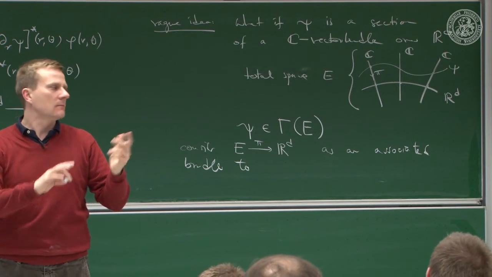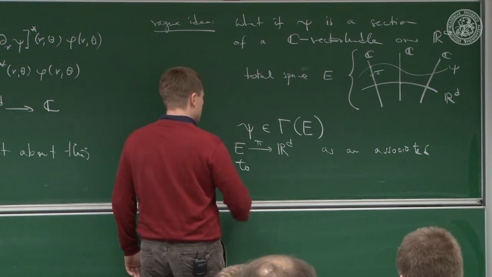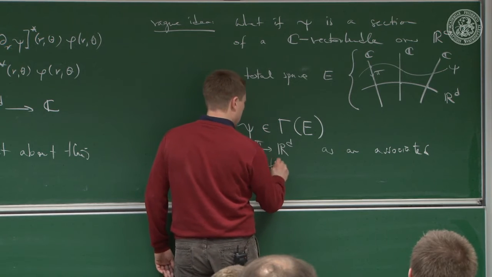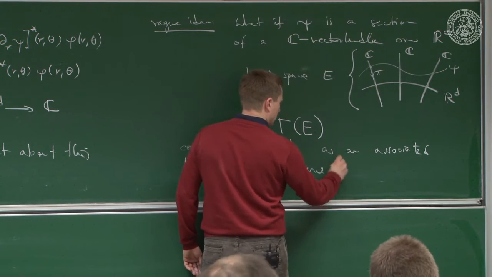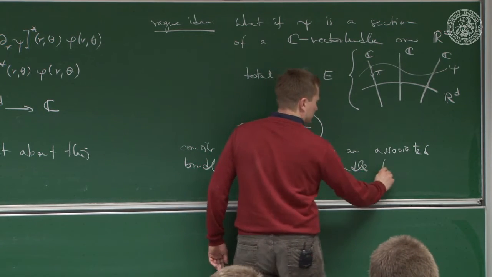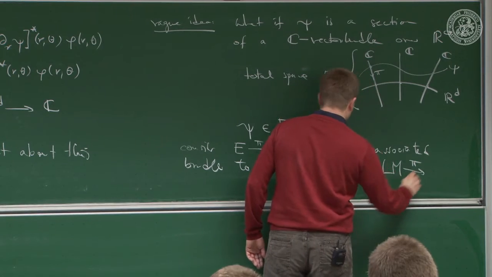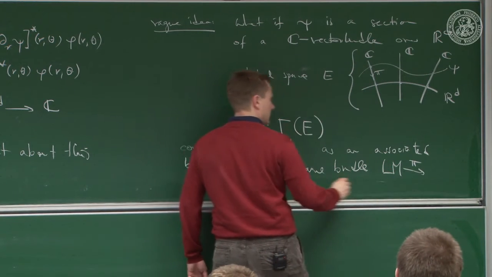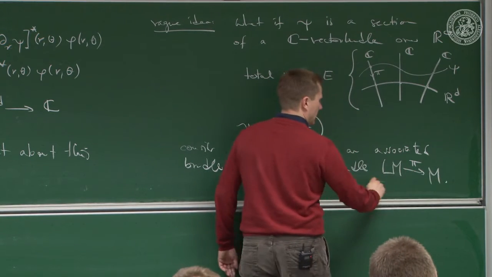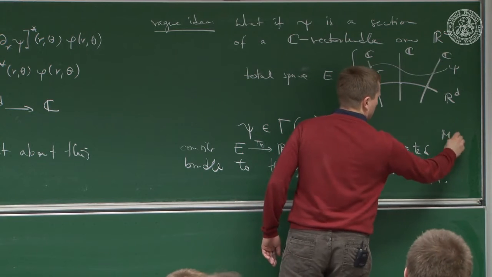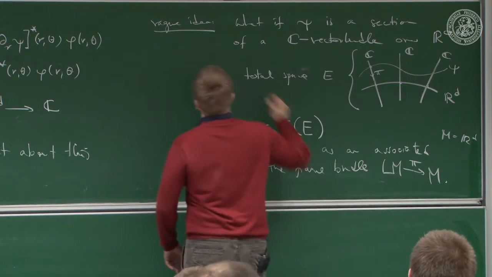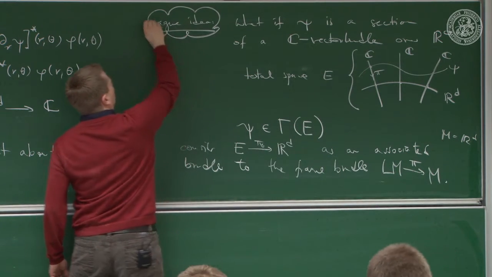Okay? So consider this as an associated bundle to the frame bundle LM, pi, then this is pi_E, pi down to M, and M is R^D. So this is the vague idea, right?